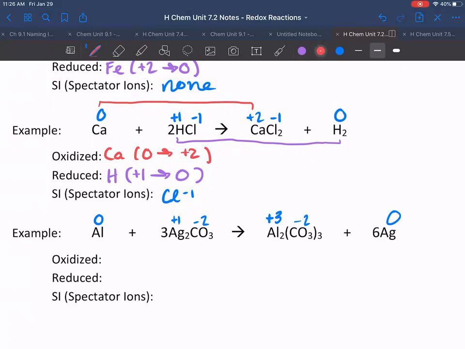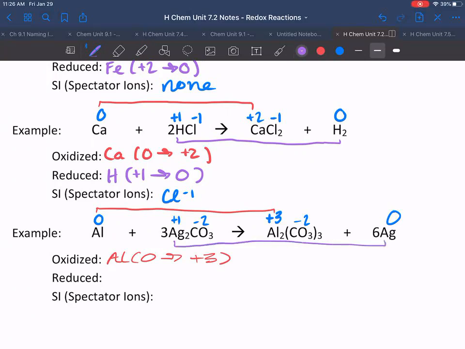So aluminum goes from 0 on the left side to +3 on the right, so that's oxidized. And then silver goes from +1 to 0. And we have another spectator ion, that's going to be our carbonate.